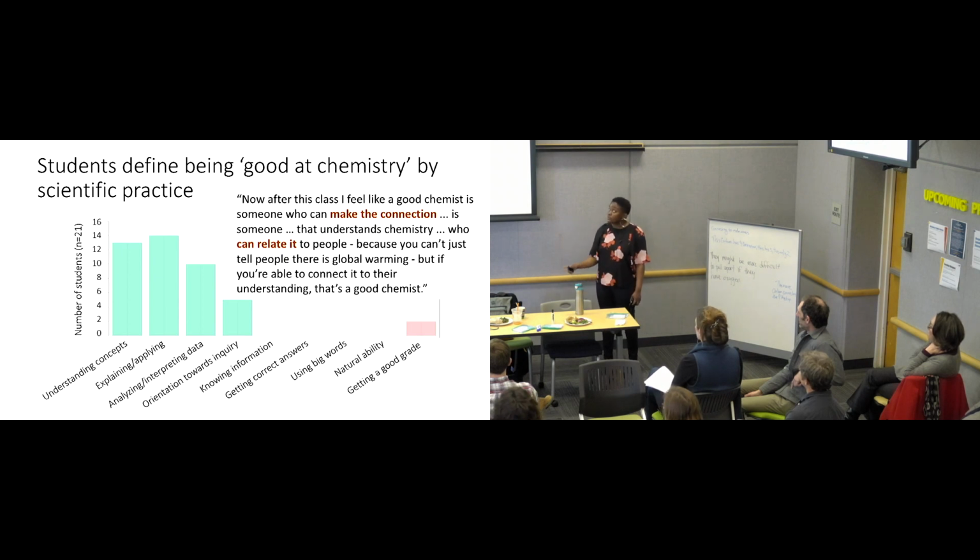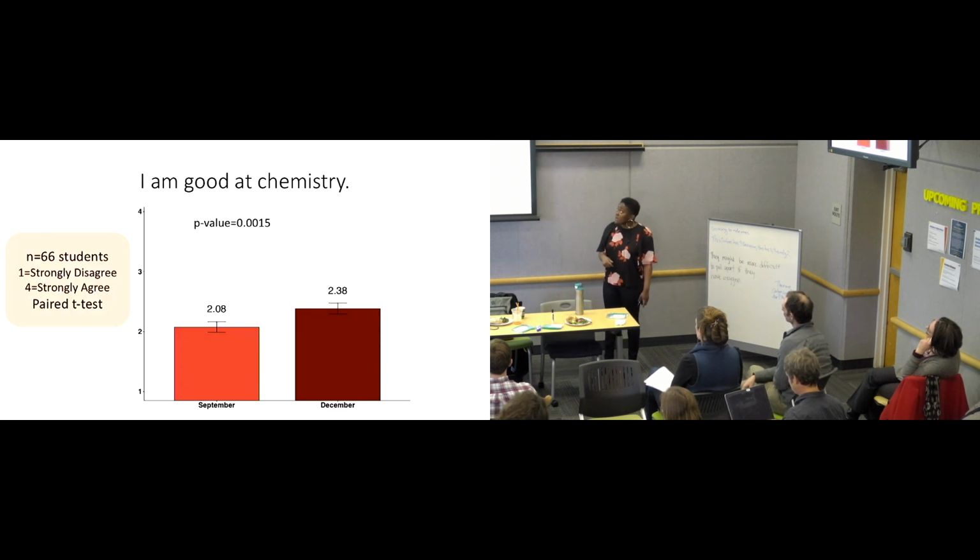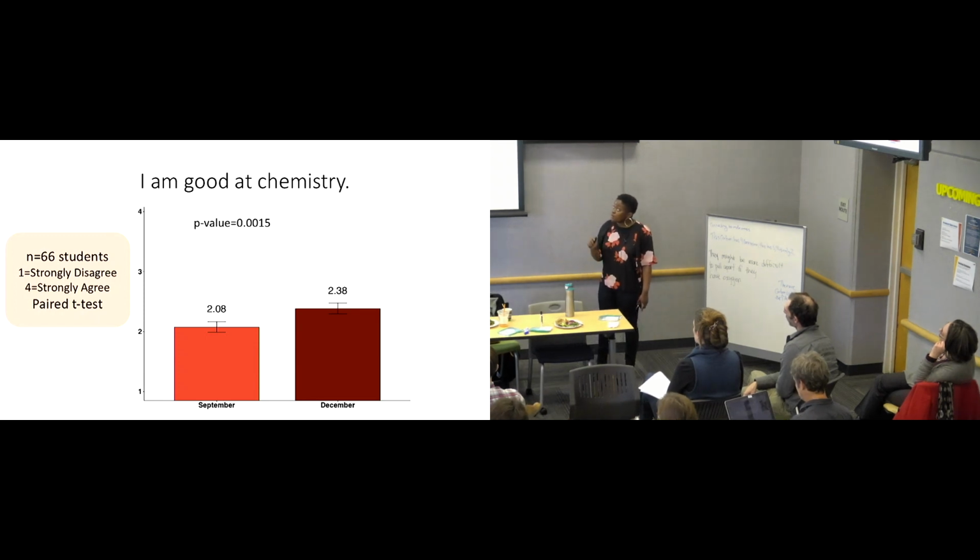In addition to this interview data, we also did some survey work so we could get information about more students in our class than we would ever be able to interview between the two of us, and also from the traditional course, but we're not talking about that today. We gave students a survey in September at the beginning of the semester and in December just before the final.